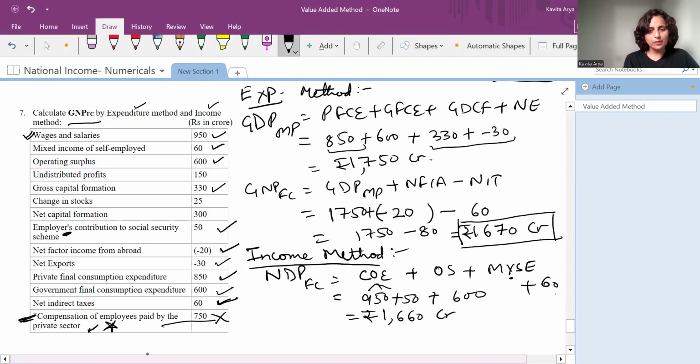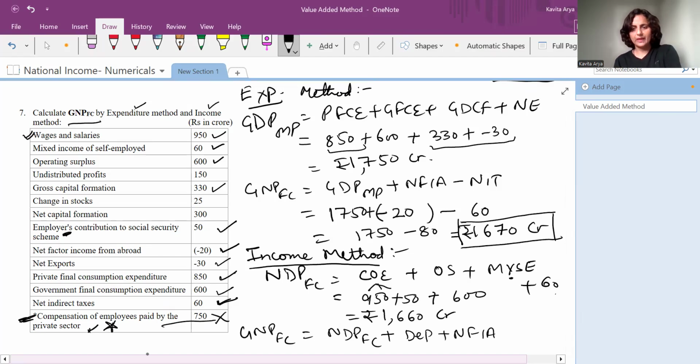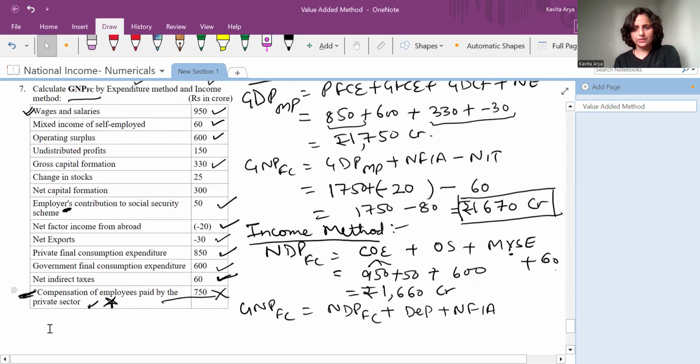And what is to be found? GNP at FC. So this is NDPFC is what I have, plus depreciation will give me G, plus NFIA will give me N. Rest is the same. So how to go about it?